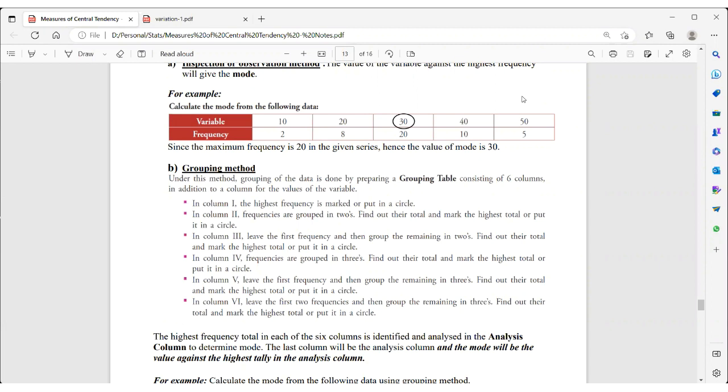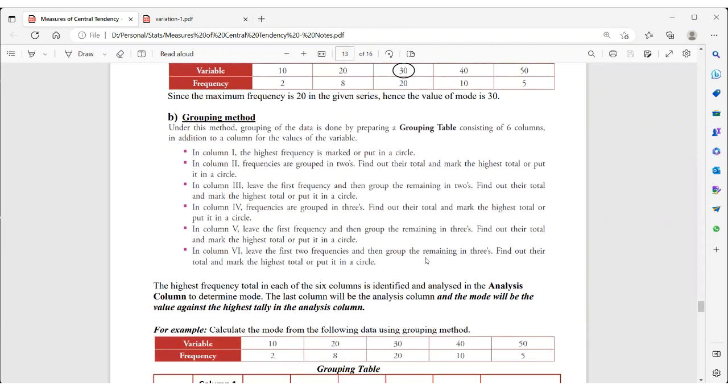This is called the inspection method. Is it clear? Yes, sir.